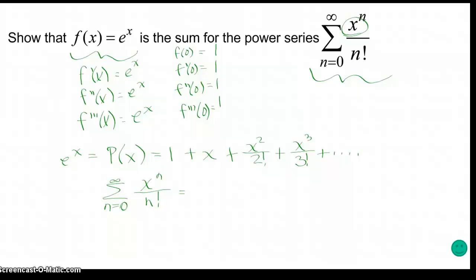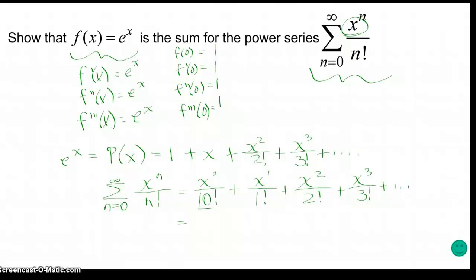So let's do that. When n starts at 0, we have x to the 0 over 0 factorial. Then we're going to have x to the 1 over 1 factorial. Then we're going to have x squared over 2 factorial. Then we're going to have x cubed over 3 factorial, and so on.